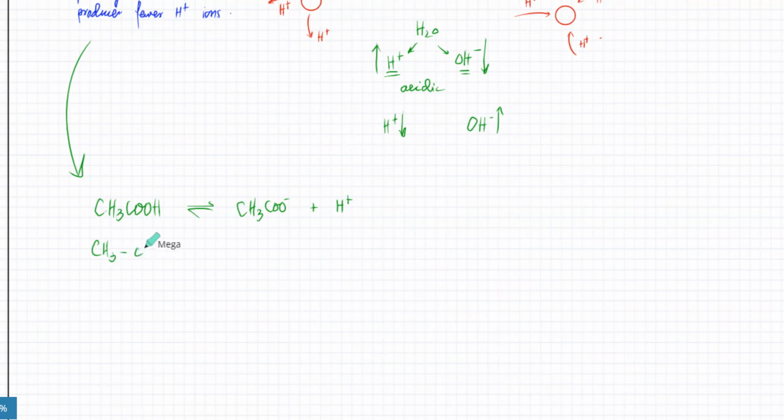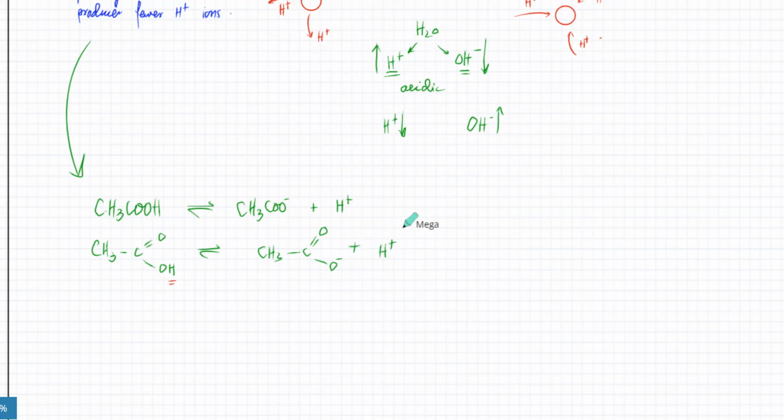Like if I draw the whole structure, remember this when you have a carboxylic acid, this H breaks off, and what you get is C double bond O minus, and the H plus simply breaks off.